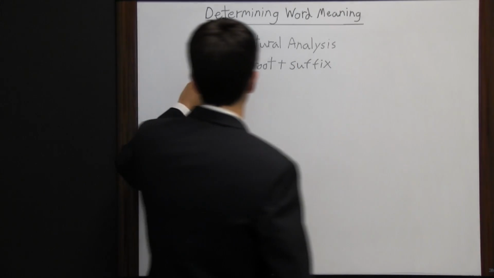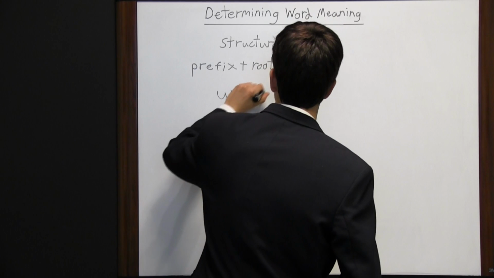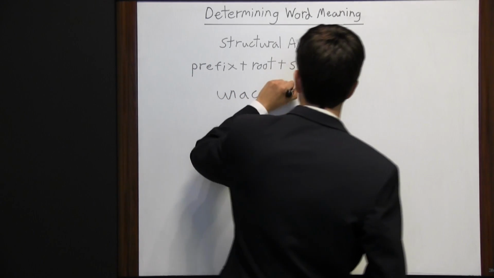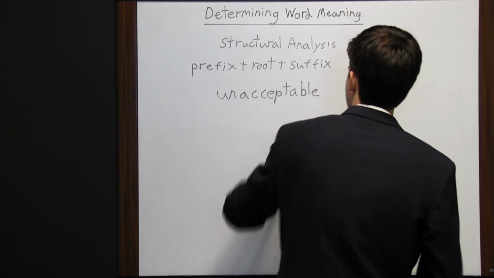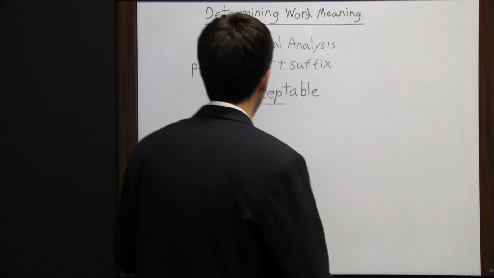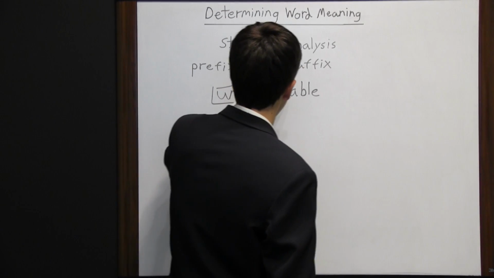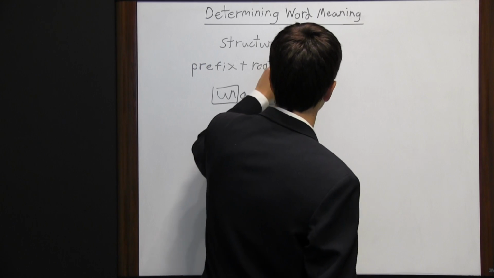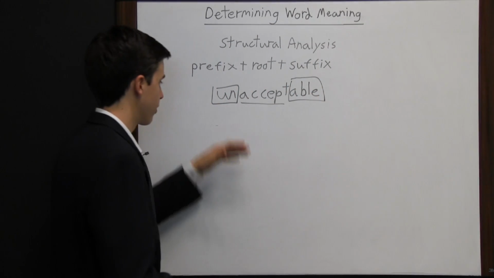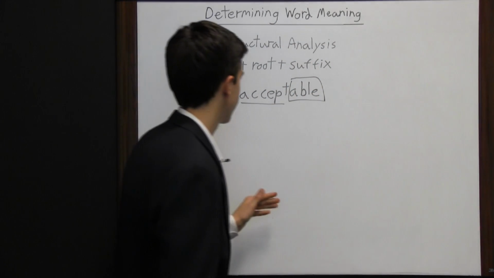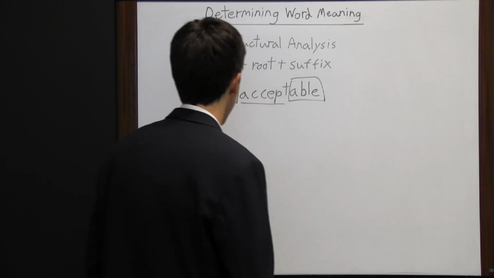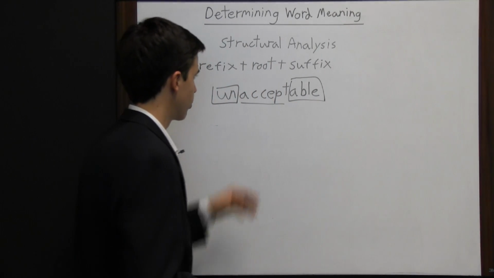So take the word unacceptable, for example. Here you have the root word, accept, because that can be a word in itself. And then here you have the prefix, un, and the suffix, able. The prefix is always going to come before the root word, and the suffix is always going to come after the root word. Now, notice I said the root word is the word that can stand alone.